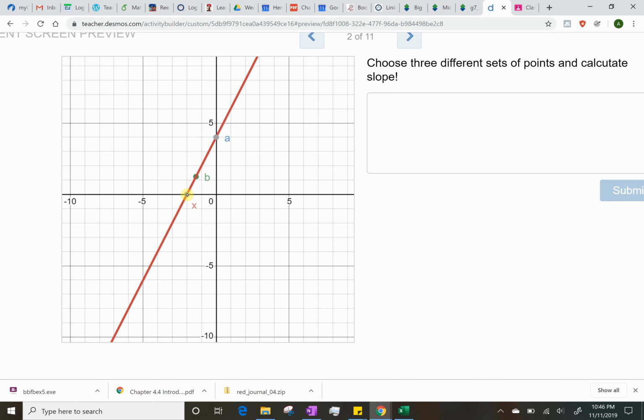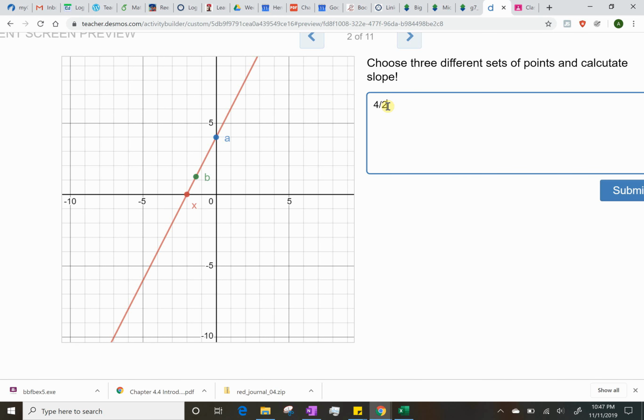Now, if I start at X and I go up, how much do I have to go up to get to the same level as A? Well, I go up 1, 2, 3, 4. I'm going up 4. And then how much am I going to the right? Well, I'm going over 1, 2. So I've gone up 4 and over 2.